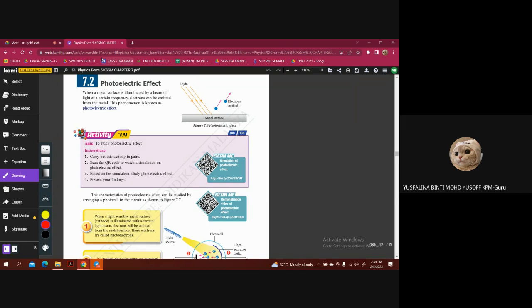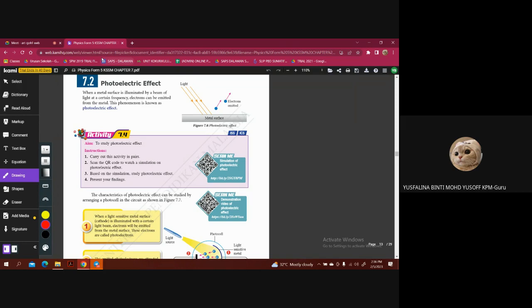Okay. So today we continue with the photoelectric effect. Yesterday we already saw what wave-particle duality means: light can act as a wave and at the same time as a particle. As a wave, it can be diffracted, reflected and refracted.